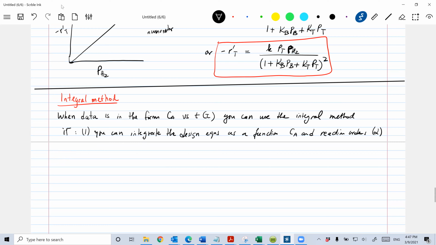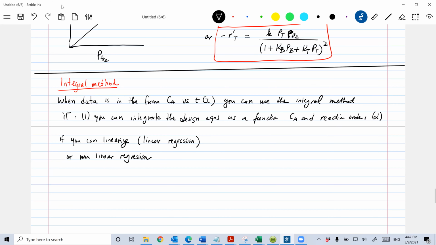So if you can do that. Or secondly, if you can linearize, so you can do linear regression. Or nonlinear regression. But for these, you have to plot something versus something, right? So you have to figure out how to plot it. So that's why you can use it.